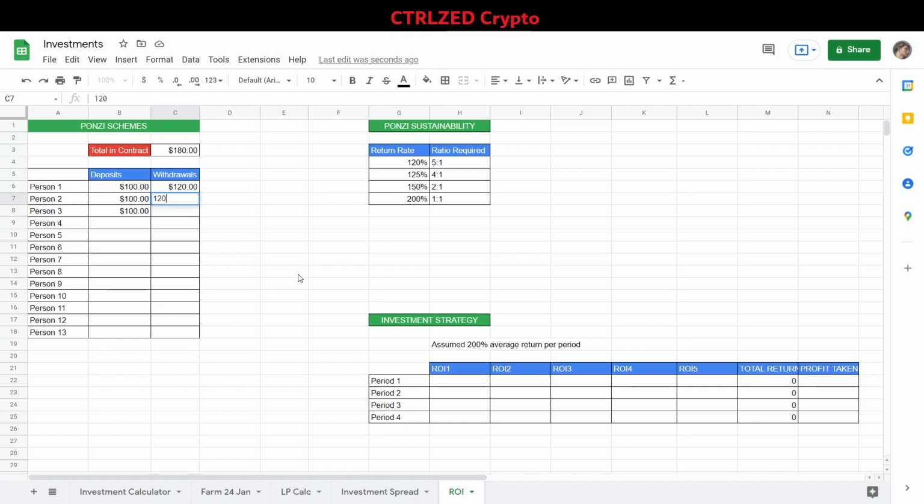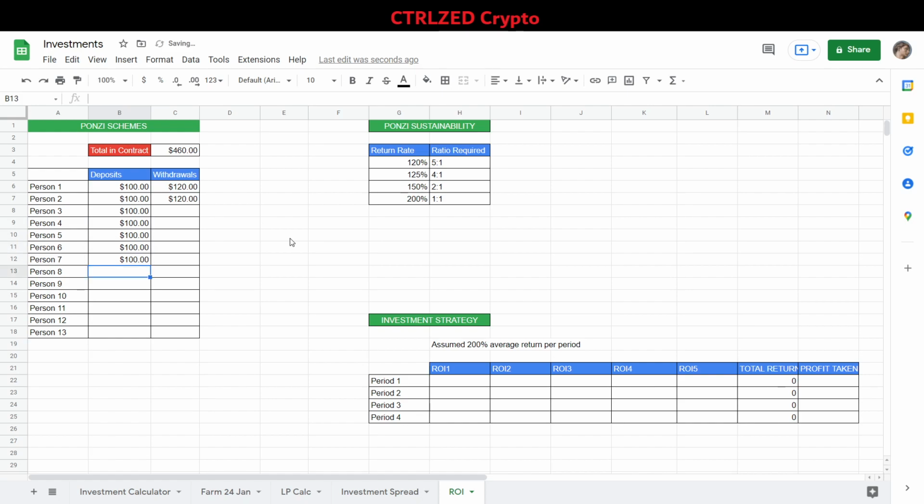They also take out $120. Now there's $60 left in the contract or in the Ponzi scheme. Now say these two people tell everyone, "Hey, I've got a great investment. I put in $100. I got out $120. It's easy money, 20% return on investment. Tell all your friends," and they get a bunch of people to sign up.